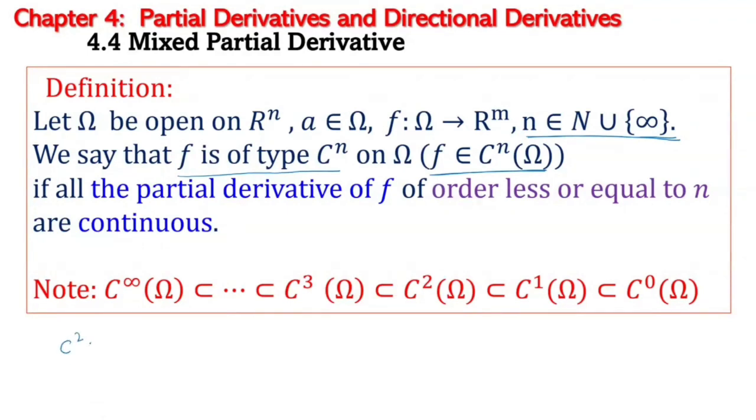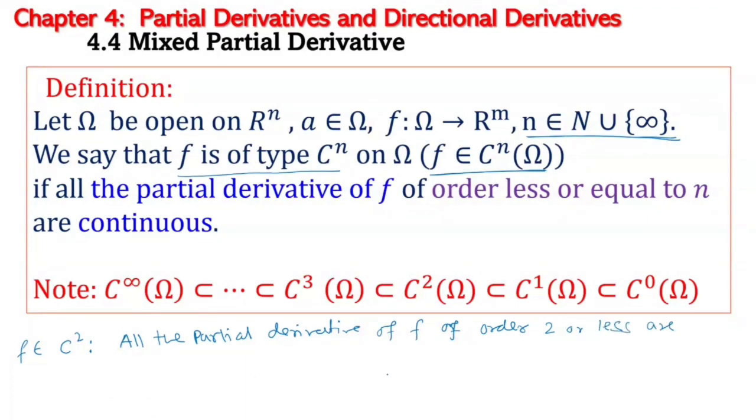So when we say f belongs to C², this means all the partial derivatives of f of order 2 or less are continuous, meaning first order and second order partial derivatives should be continuous.